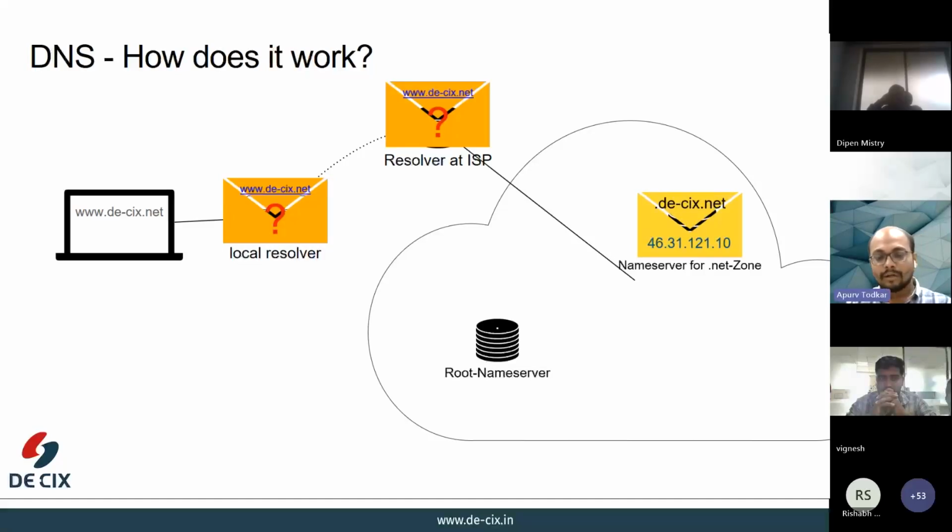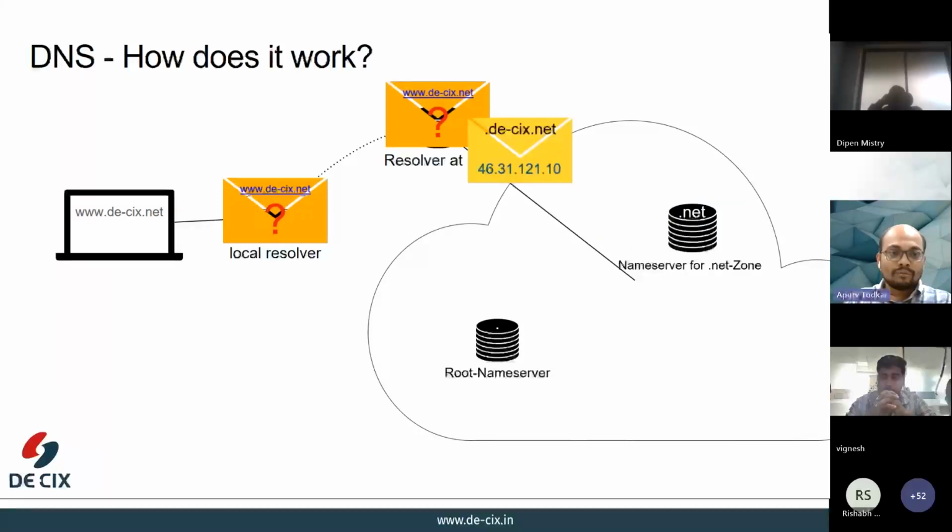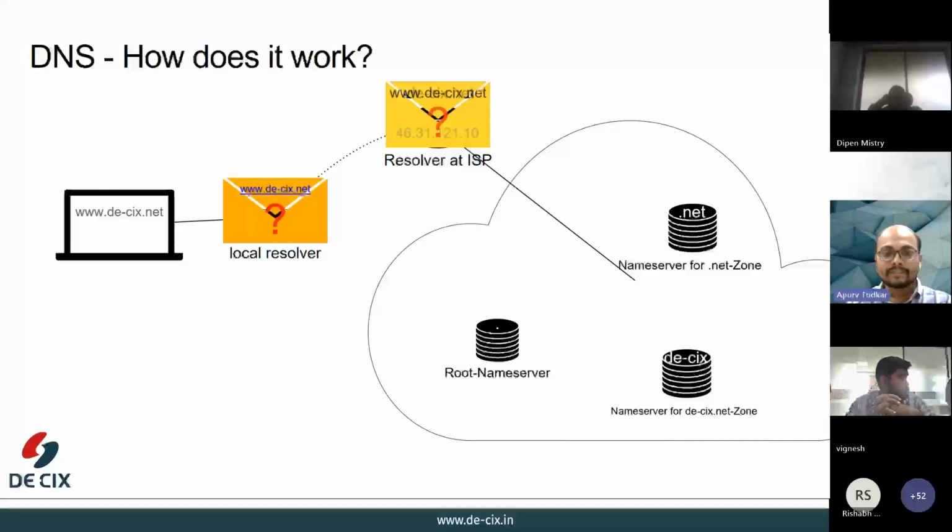The information the resolver got from the root server is forwarded to the dkix.net name servers with the dkix.net zone name. Finally, the resolver at the ISP sends a query to the dkix.net name servers, which respond with the answer for the dkix web server, and the answer is then cached in the ISP's resolver.